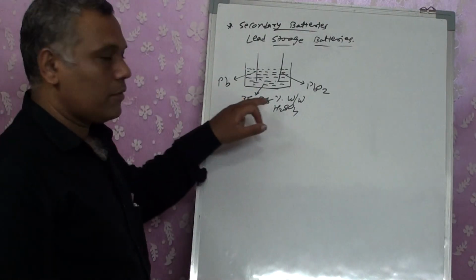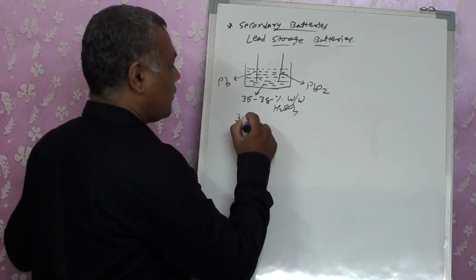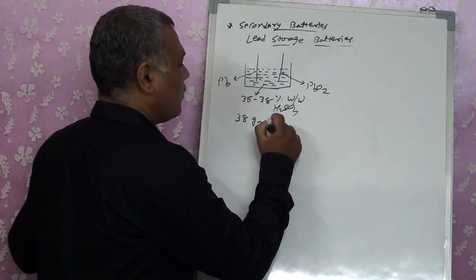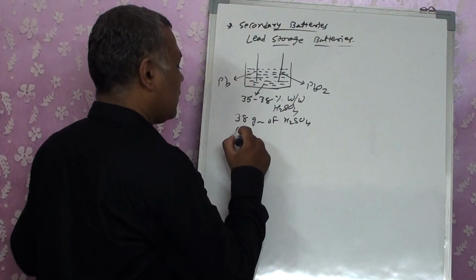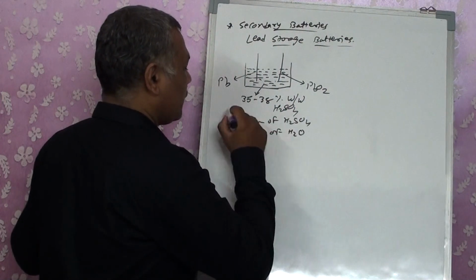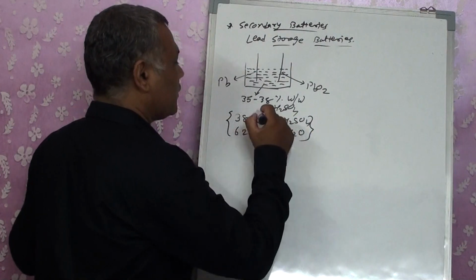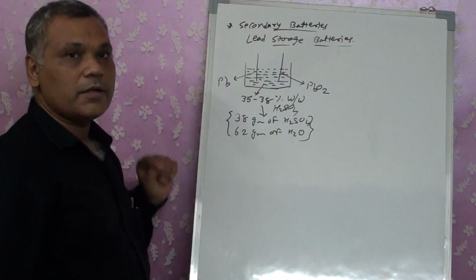But that means we know that this indicates that 38 gram of H2SO4 is taken in 62 gram of water. This is the solution that will be filled in it, right?